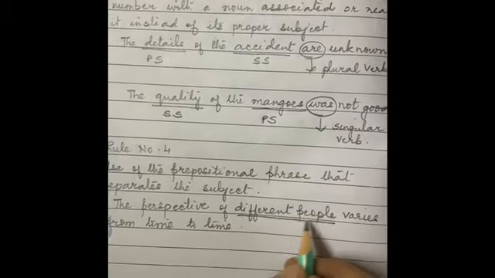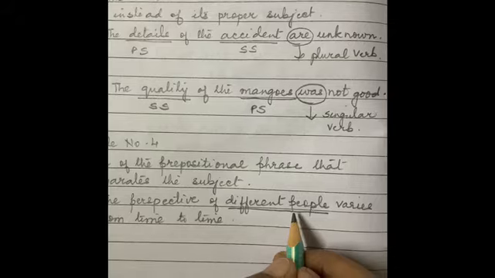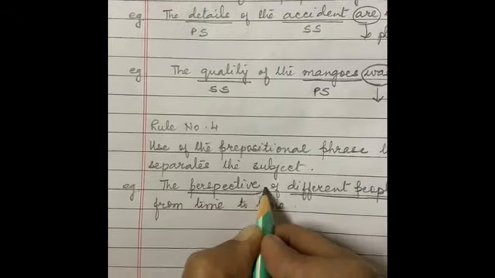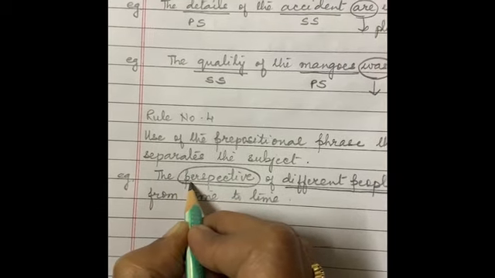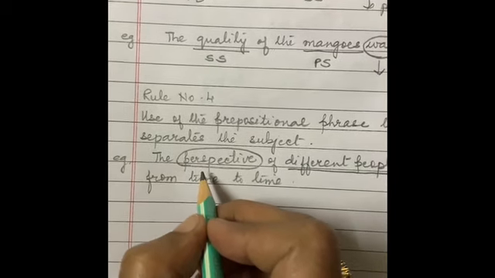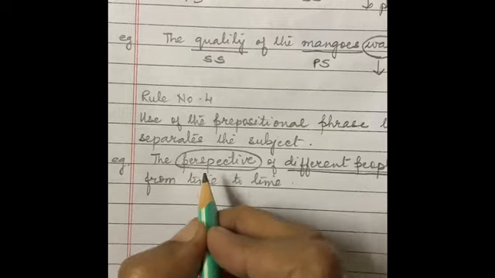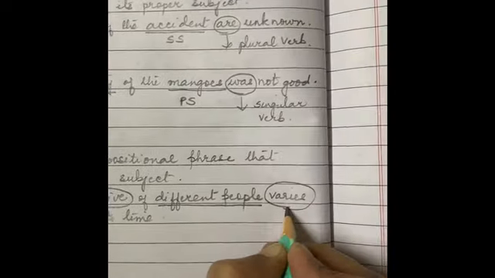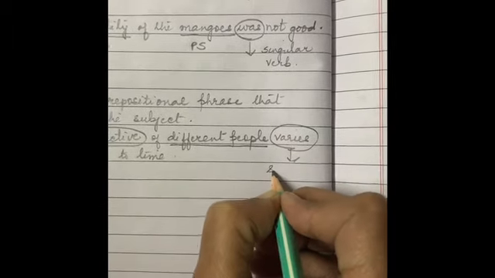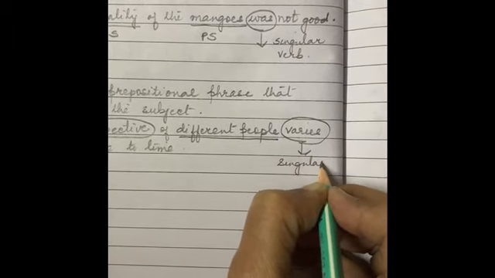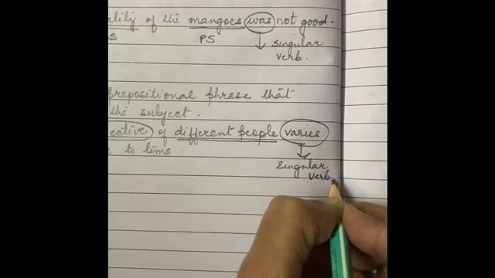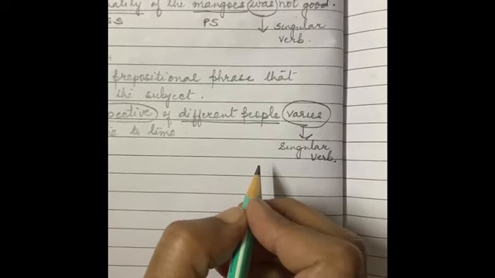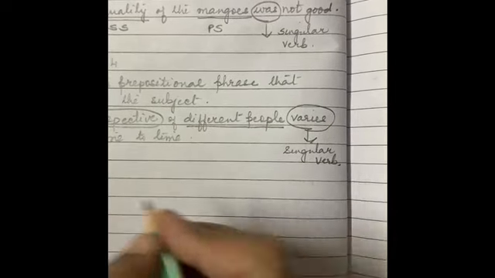This is the phrase, different people. And we have focused on perspective. Fine. Which is singular in form. So we have used the verb varies, which is singular. Clear? Let's look into one more example of the same kind.